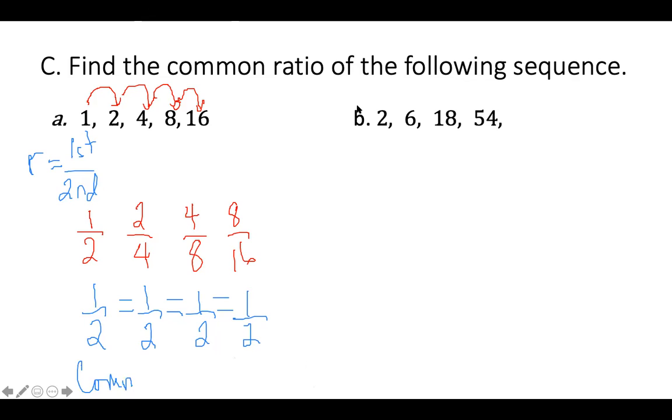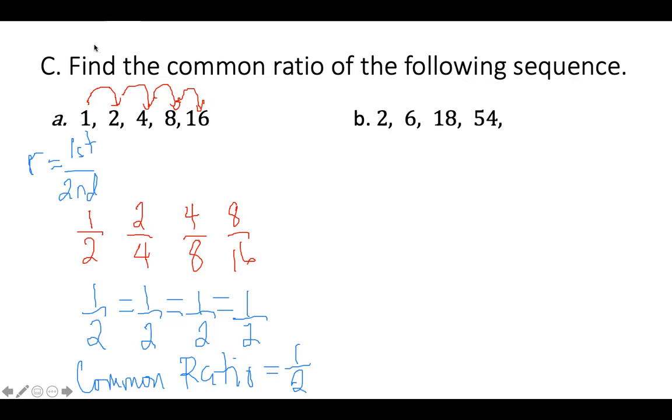Now, sunod na problem natin ay letter B. So, kunin natin yung common ratio nito. Gagawin din natin kung anong ginawa natin sa letter A. Again, pwede natin gawin na 6 over 2, or second number over the first, or first number over the second. Depende kung anong pwede mong gawin. Basta, kung anong ginawa mo sa una, yun din ang gawin mo sa susunod na numbers nila.